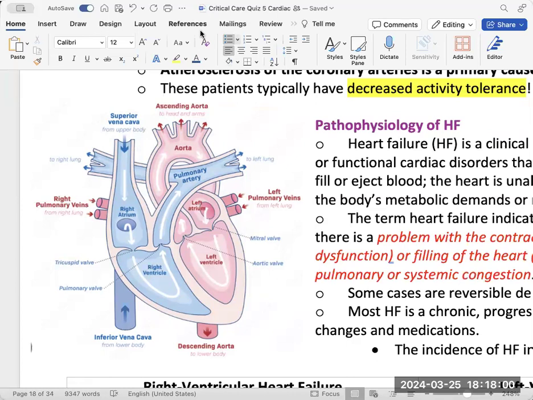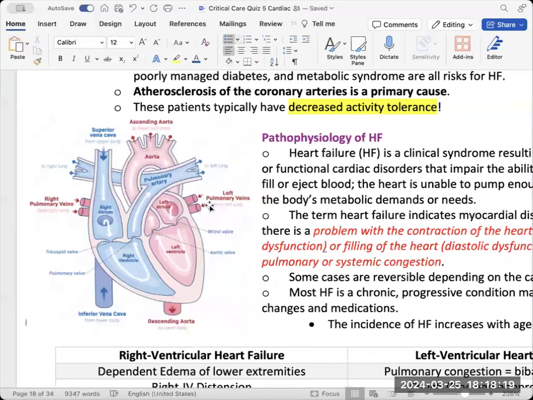That's why we'll see what we call systemic congestion, or fluid buildup in the body, as a result of the right side not being able to pump properly. So it backs up into the body, and that's why we get the edema and all of those symptoms, right?